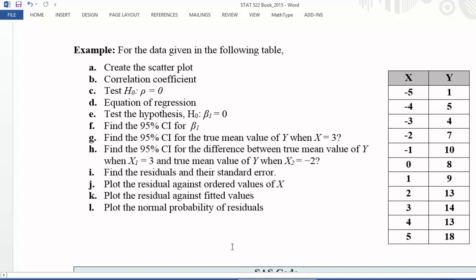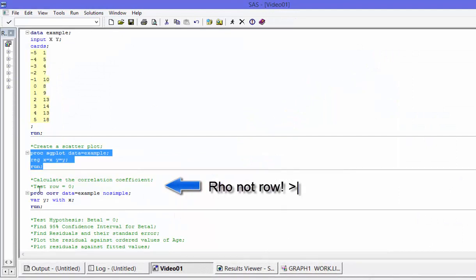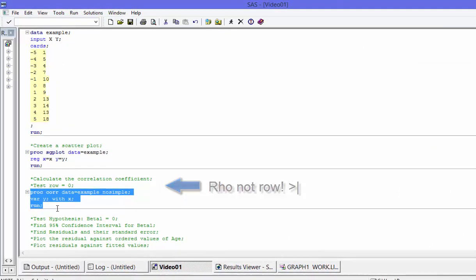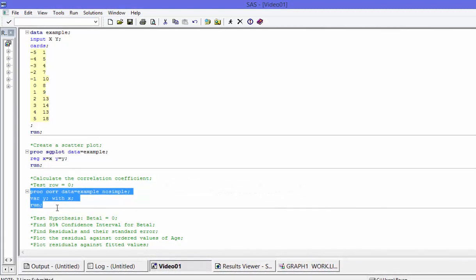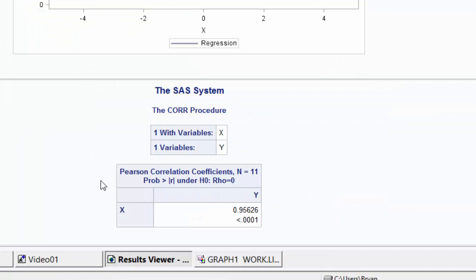Next, we're going to find the correlation coefficient. So back to our SAS code, and right here we're going to also test the null hypothesis that rho, the correlation coefficient, is equal to 0. Here's the result, and we have a correlation of 0.95, and this indicates that there is a positive linear relationship, and that looks pretty strong between x and y.